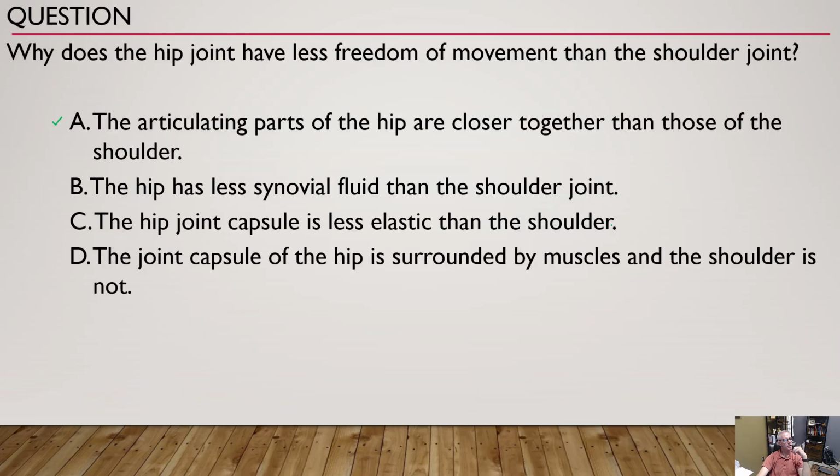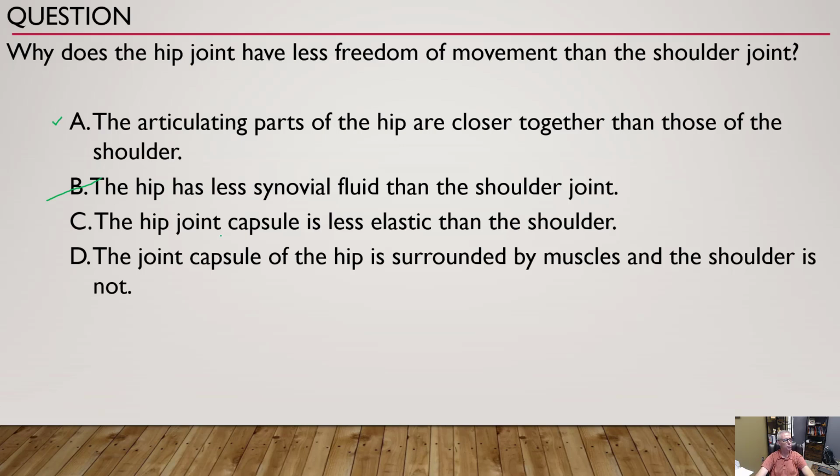The degree of synovial fluid does not dictate freedom of movement, so we're going to get rid of that. Basically, the degree of movement goes back to, I'll give you that answer later on.